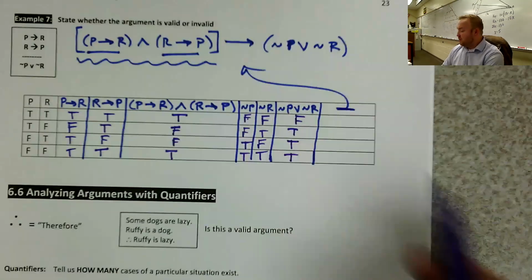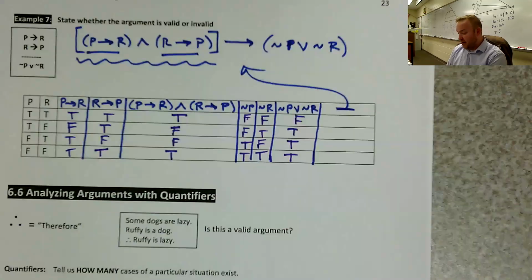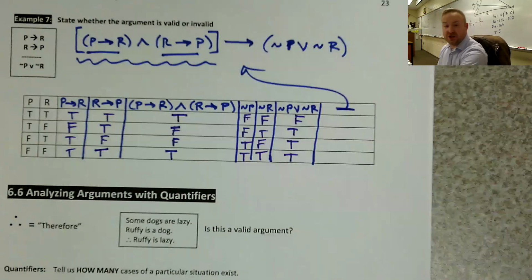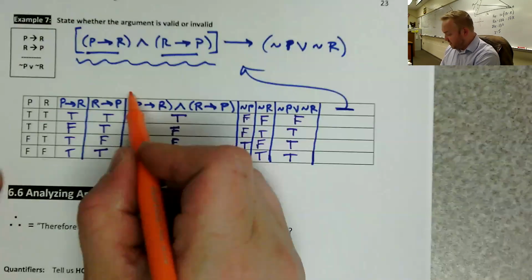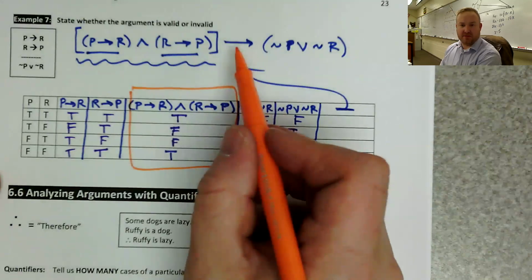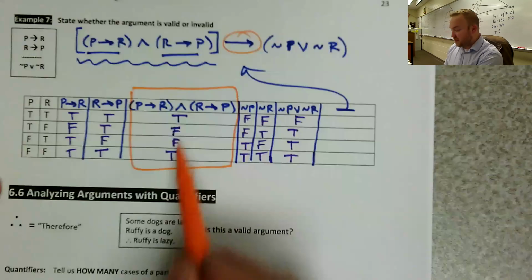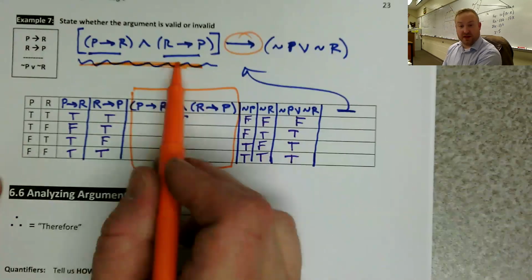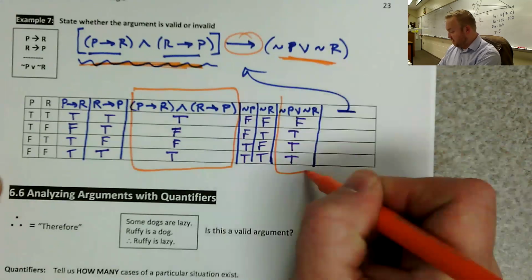Okay, finally, in our last column, we're doing another conditional here, and we're going to be doing the conditional of the conjunction of the premises. So this column here, it's conditional, not conjunction. I'm not sure what I said. The conditional with this column as the first part of the conditional, and the second part of the conditional is this column.